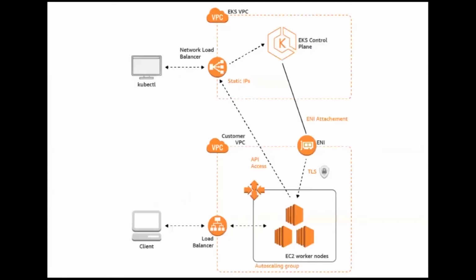In EKS, there is no direct, single-method installation. You have to create an EKS control plane, and you have to create a separate VPC for the nodes, and those nodes have to be attached to the master. So it's a bit of a cumbersome option to set up.